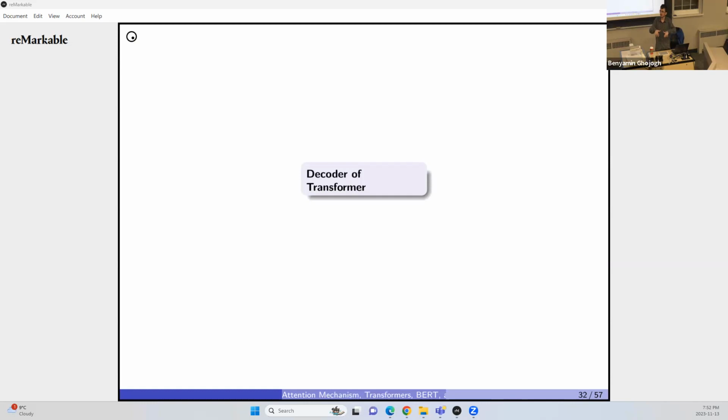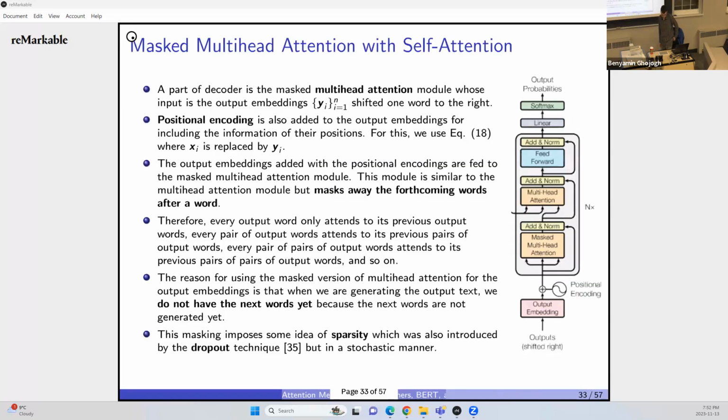Now the decoder of the transformer. A part of the decoder is the masked multi-head attention module, which is this. We also have positional encoding and so on. Let's start from the bottom. So what is this? Outputs shifted right.